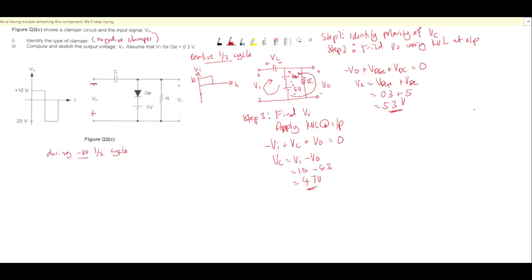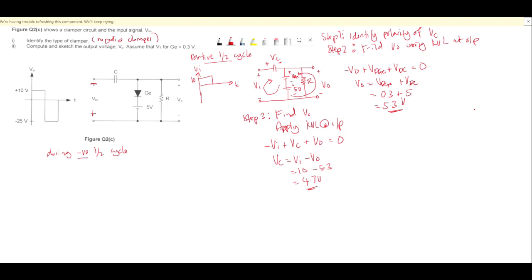When the current flows from high potential to low potential, from positive to negative, the current flows like this, and when this current passes through the diode, it will be reverse bias.